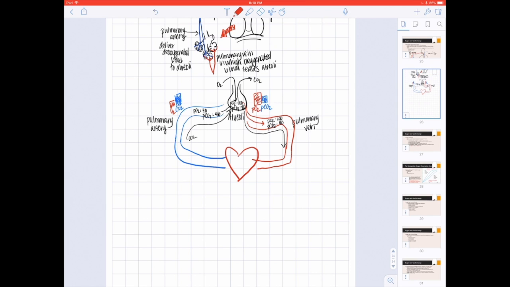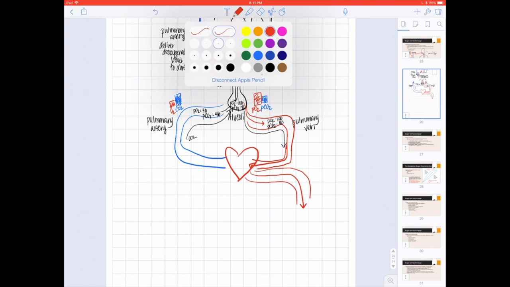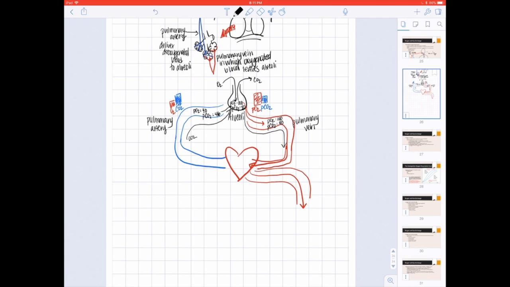So this oxygenated blood is going to travel from the pulmonary vein into the heart, and then the heart is going to distribute that blood into tissues. And that's going to happen via the systemic artery, which is carrying oxygenated blood.